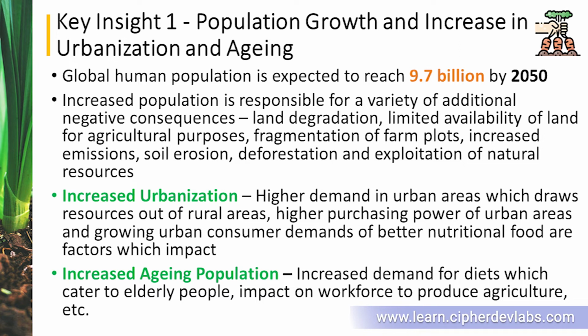And also we're seeing increased urbanization, so people moving into big cities for higher income and better quality of life. So there is higher demand in urban areas, which draws resources out of rural areas, and people in urban areas will have higher purchasing power because of additional disposable income, and the growing urban consumer demand for better nutritional food are factors which impact this challenge.